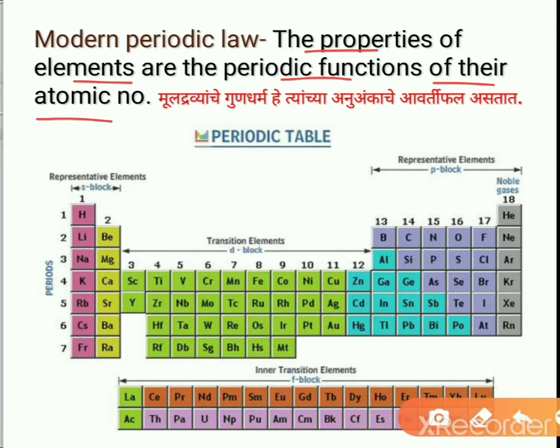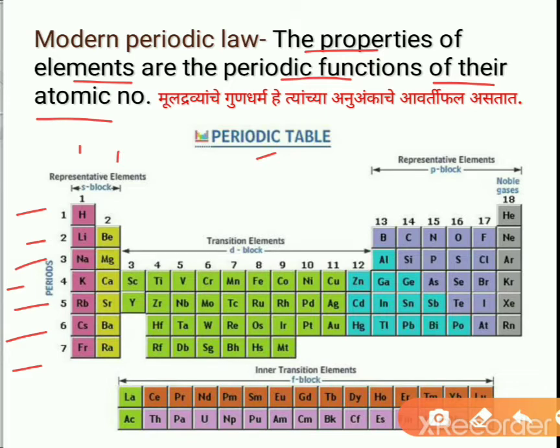Students, here you can see the periodic table. These are the periods: first, second, third, fourth, fifth, sixth and seventh. It means there are 7 rows in the modern periodic table. And how many columns are shown here?